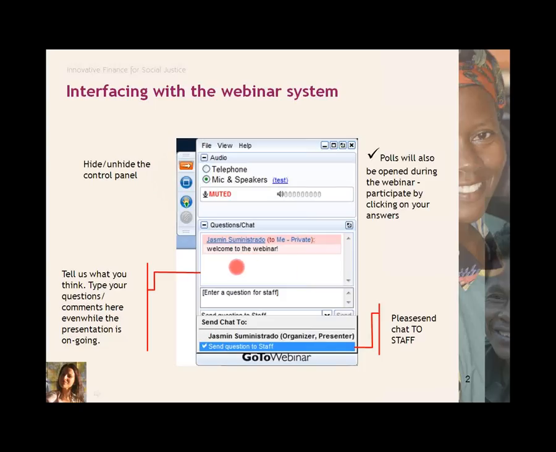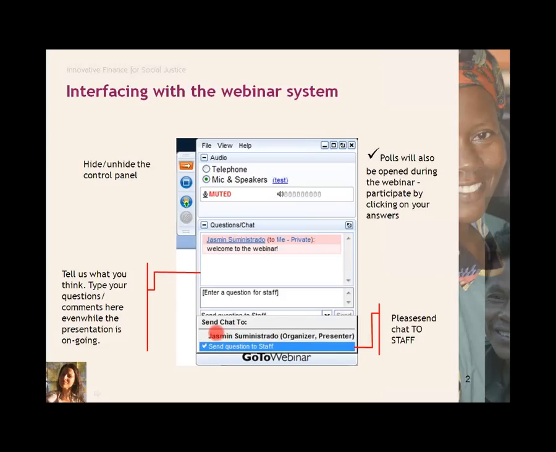Here there's a chat box where you can type questions to us even during the presentations. But please let us know if your question is intended for a particular panelist or for anyone. Make sure to press this button here, send questions to staff, so that we receive your questions and comments.